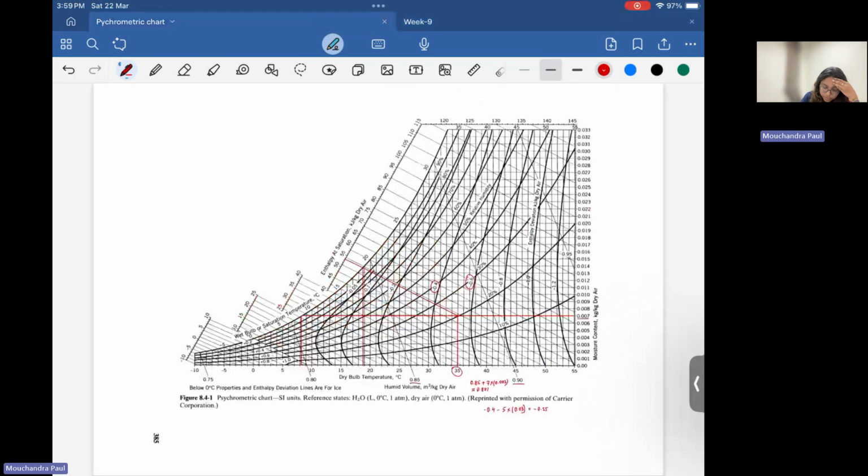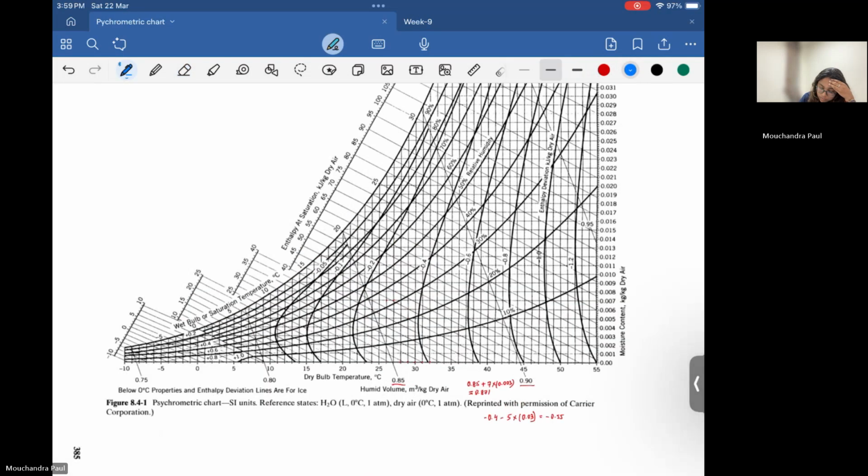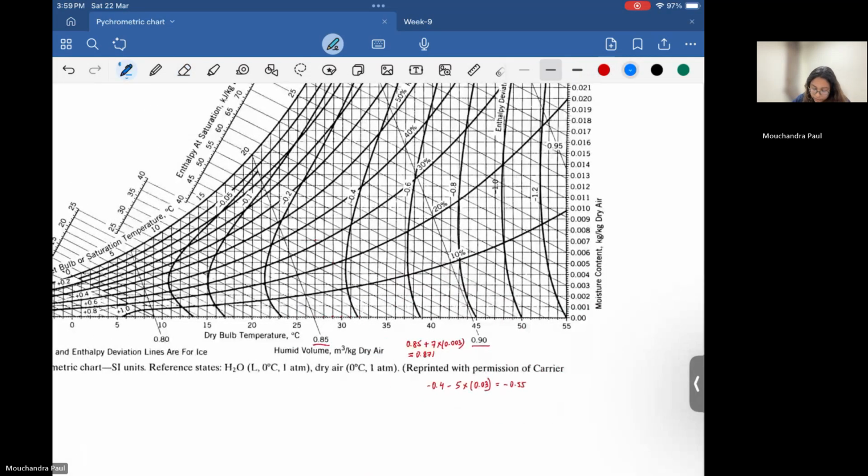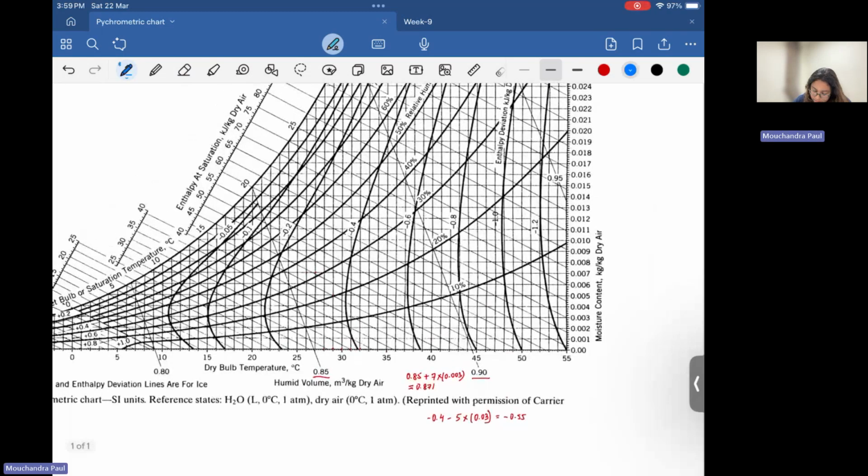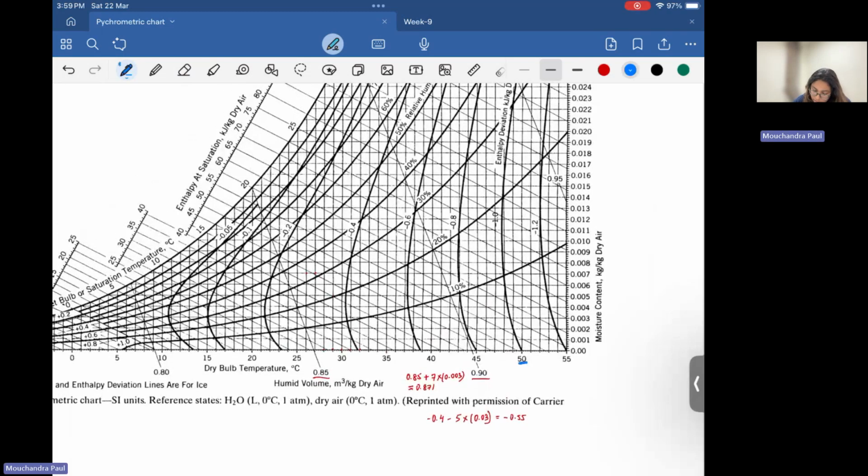Let me remove all this. This is 50 degrees Celsius and 20%. So this is your vertical line.